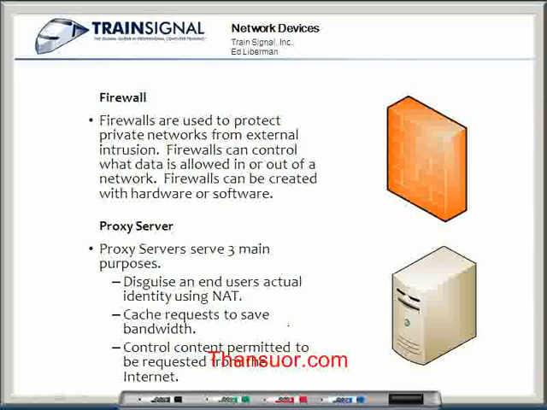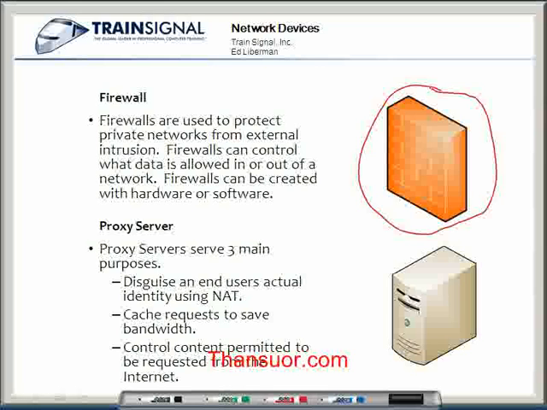Now again, just like I mentioned with the other devices, don't try to picture what a firewall looks like. I don't know that I've ever seen an actual network firewall that looks like this. That is kind of a universal drawing of what a firewall looks like. But firewalls can be not only hardware devices, but can also be done through software within an operating system.